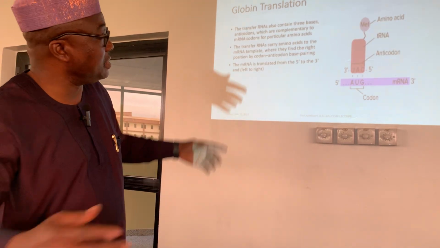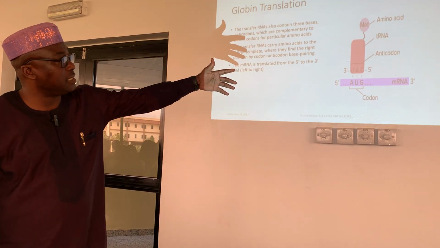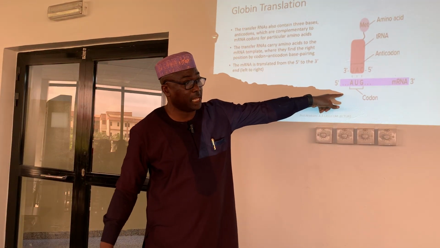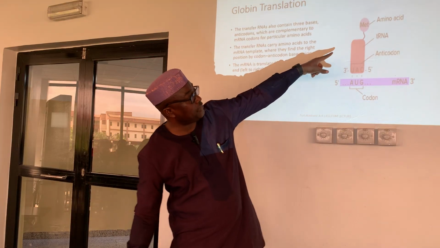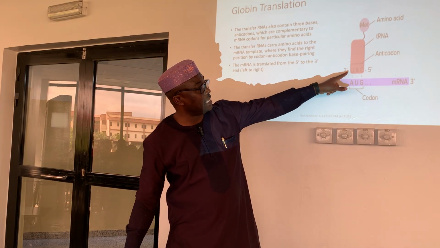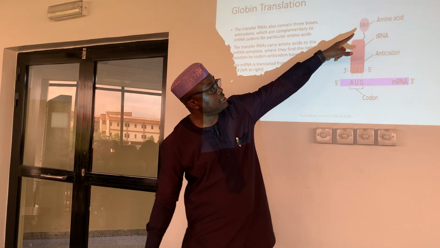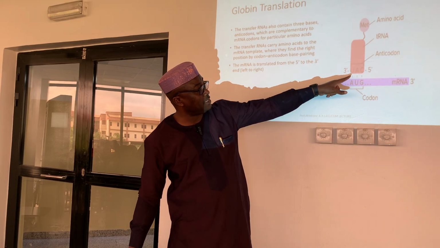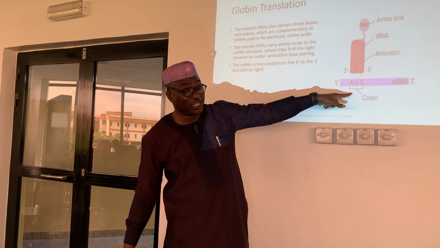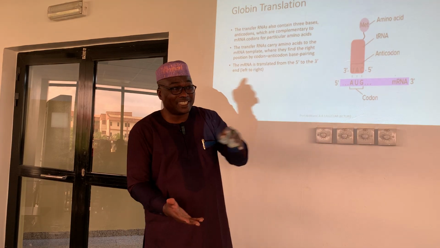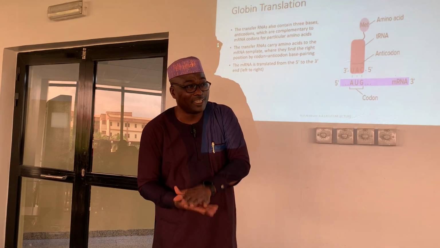So this is the transfer RNA. This is the codon in the mRNA. This is your transfer RNA that has the anticodon that must be complementary. So it brings an amino acid that has the anticodon to this codon, and then the synthesis starts gradually.